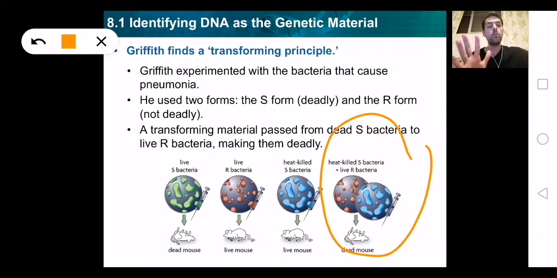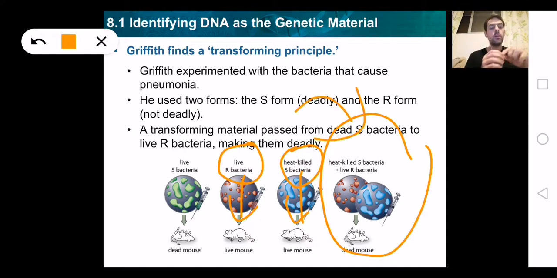Now, when they were separate, the heat-killed S alone did not kill the mouse. The R also did not kill what? The mouse.